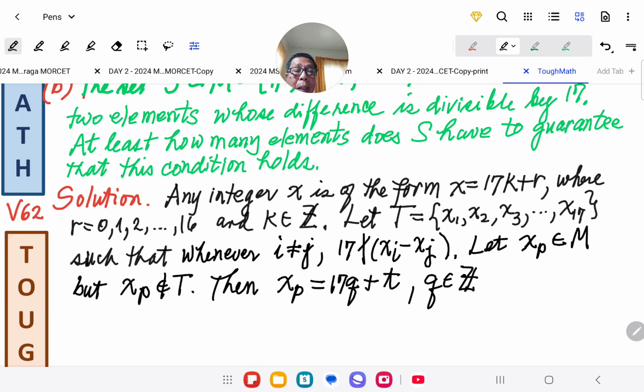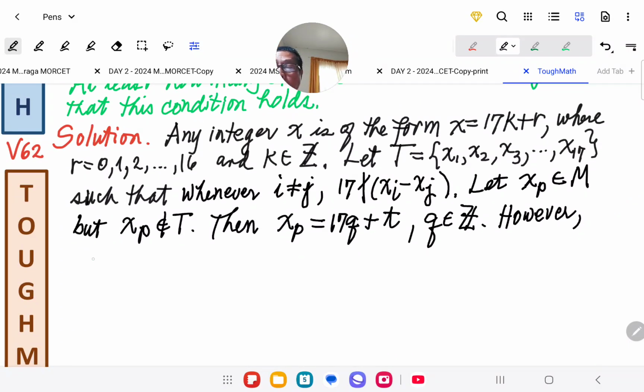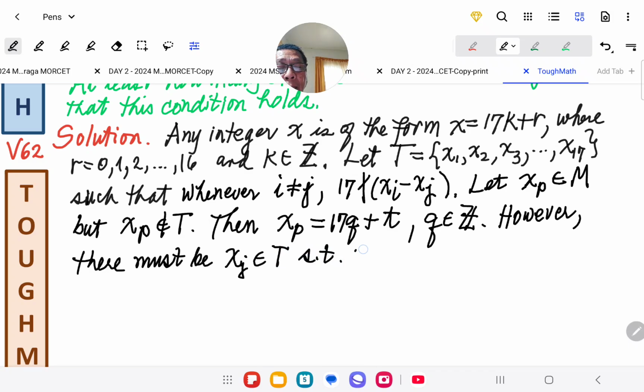However, there must be x_j, an element of T, such that x_j is equal to 17k plus t.